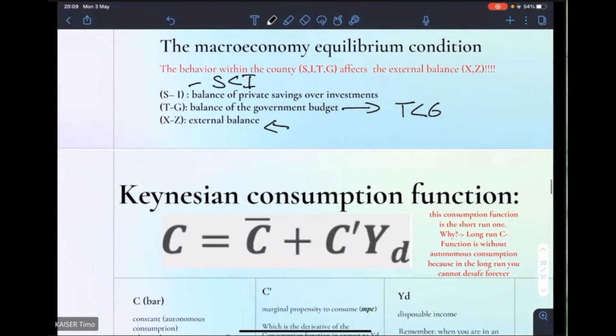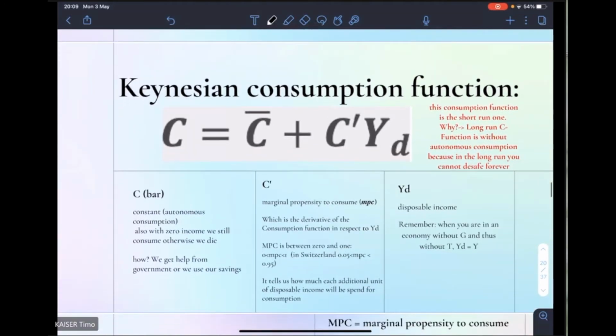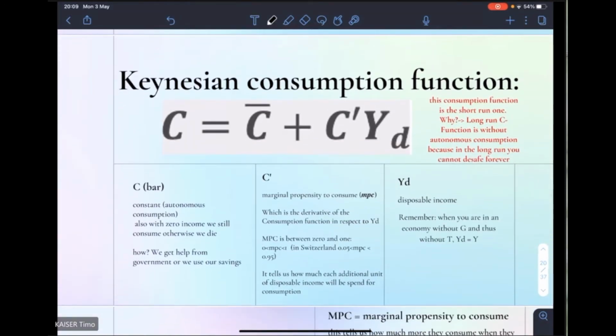Then let's move on to the next part, where we look more in depth at the consumption function. We already had a look at it before, really short, where we introduced that savings plus consumption would be equal to disposable income.